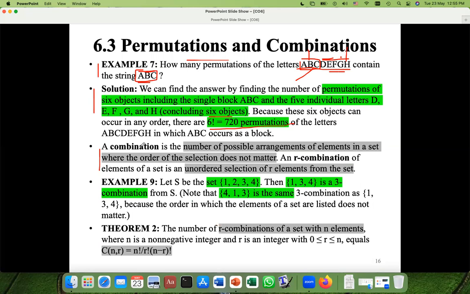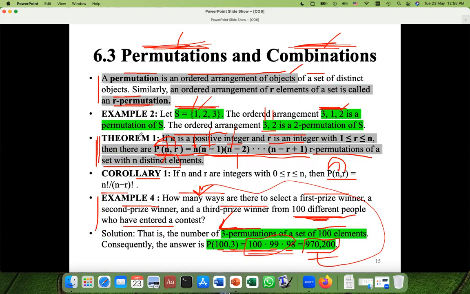And now what is combination? Combination is the same thing as permutation, but the difference is that now the order will not matter. The order of the objects, the order of the terms in a set will not matter. The number of possible arrangements of elements in a set is called a combination. An ordered arrangement of objects is called a permutation.